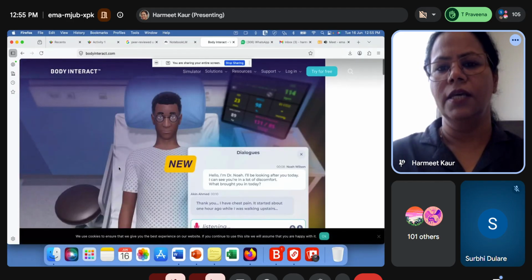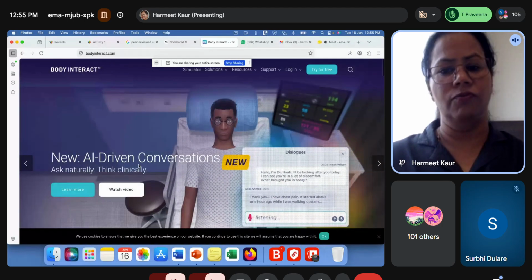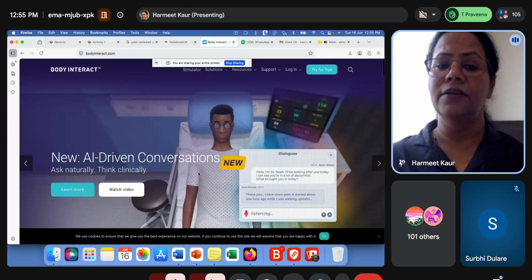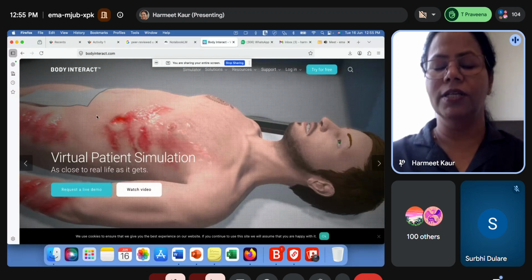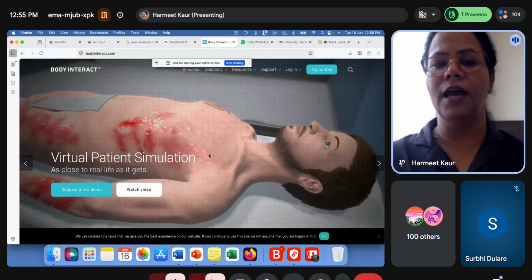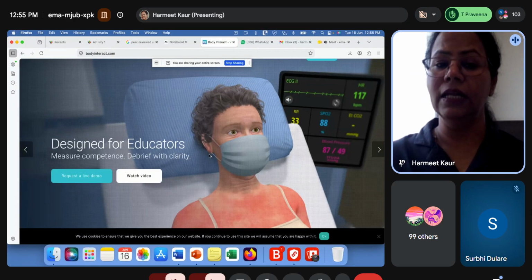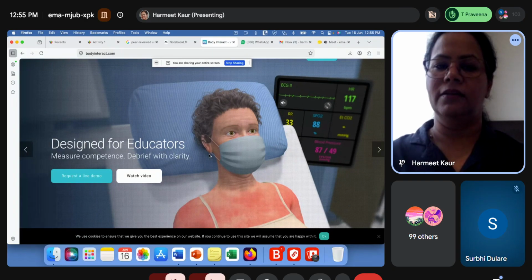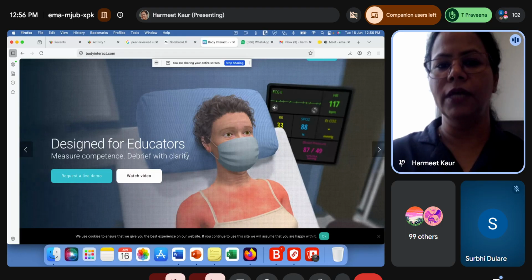You will get some diagnosis, and there is AI driven conversation. You have a patient, you can see the patient's condition, and then accordingly it asks you what you are supposed to do. Once you do that, it gives feedback that these were the steps which you were supposed to do. So like that you can do.